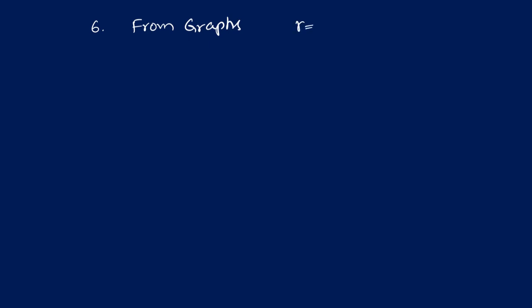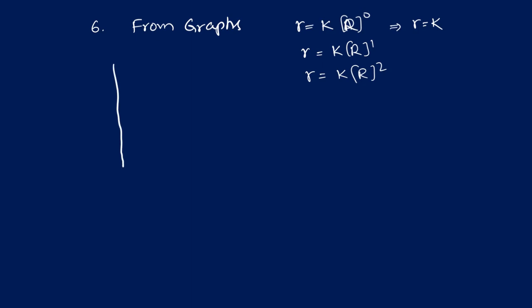Rate is equal to K reactant concentration power 0, nothing but rate is equal to K. First order, rate is equal to K, reactant power 1. Rate is equal to K, reactant power 2. For each one, a graph can be drawn like this.